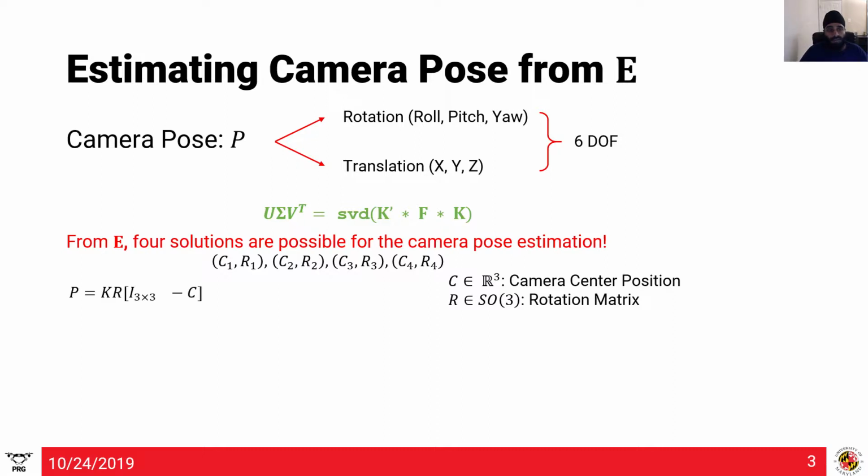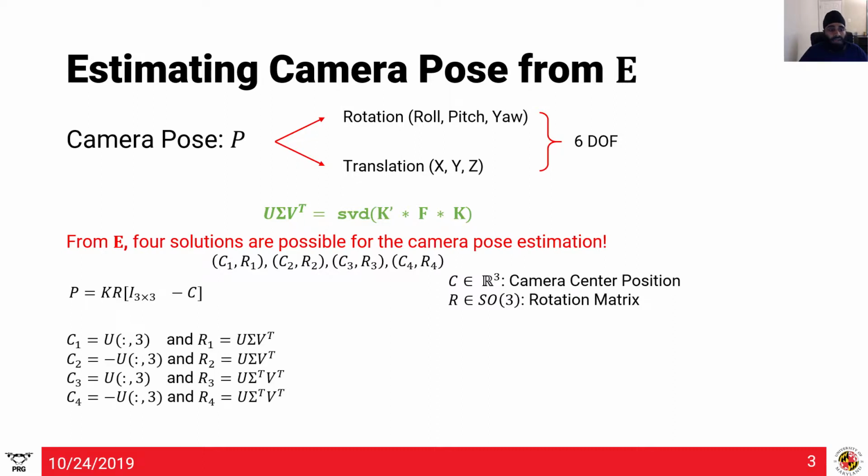This is our standard projection equation, and writing that, I can say that my translation has these 4 values, and my rotation has these 4 values, of which 3 pairs are incorrect and only 1 pair is correct. So why do you think we are having 4 values? Because one of these values is the mirror image.